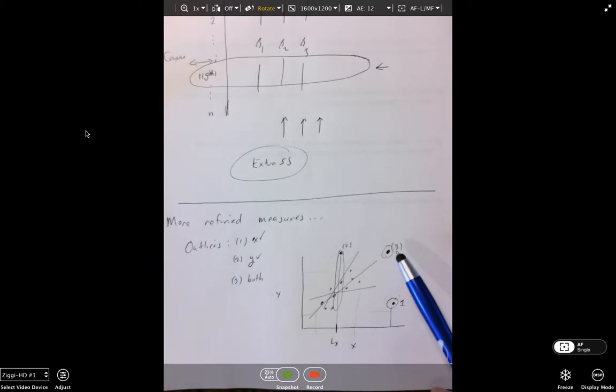But the point that would probably concern me the most would be this point right here, because I could see where it would have a drastic effect on the slope and the intercept of the model. All right, so guys, hopefully this is making a little bit of sense to you, and we can go on with some bigger, better stuff.